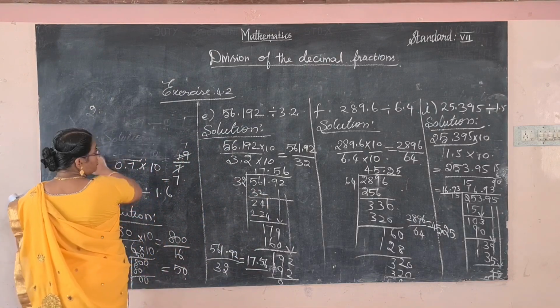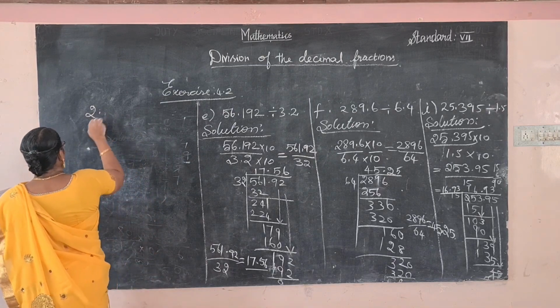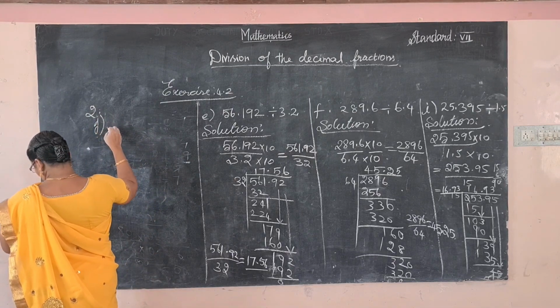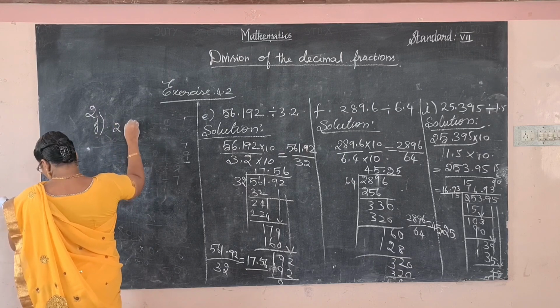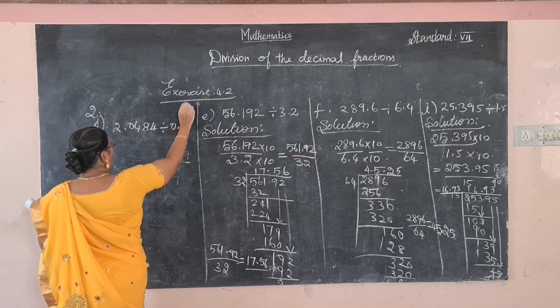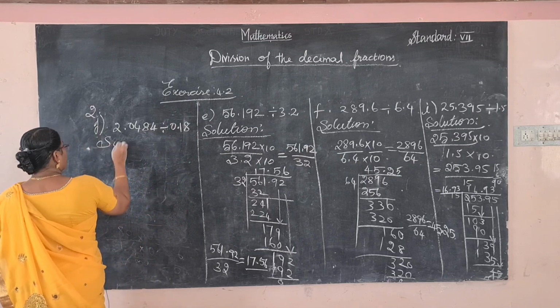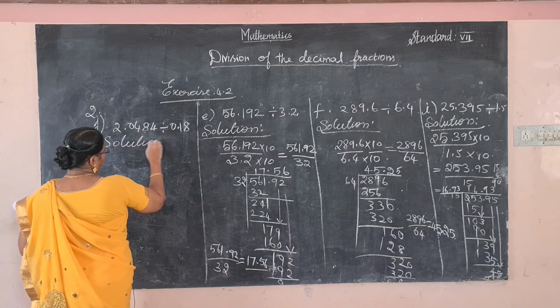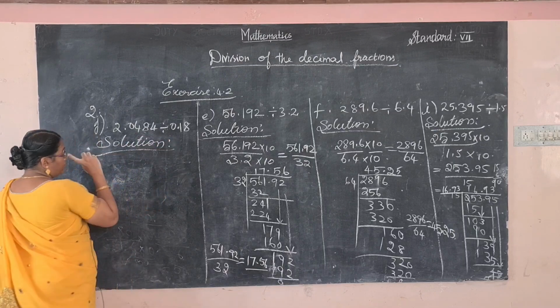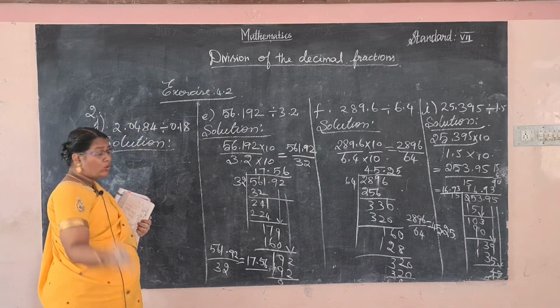Okay, and the next one. 0.0484 divided by 0.18. See the divisor, how many decimal places are there? 2 decimal places.